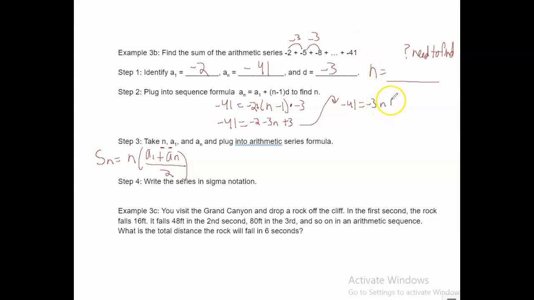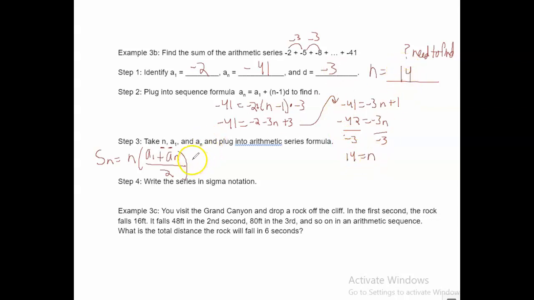I have -3n plus 1. Divide both sides by -3. And I get that n equals 14.